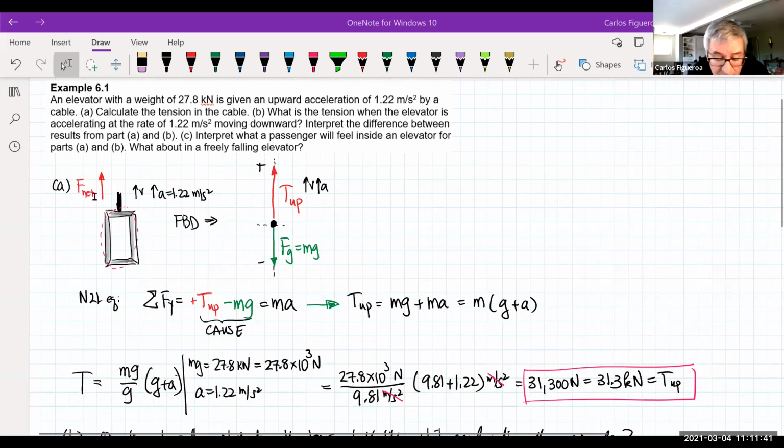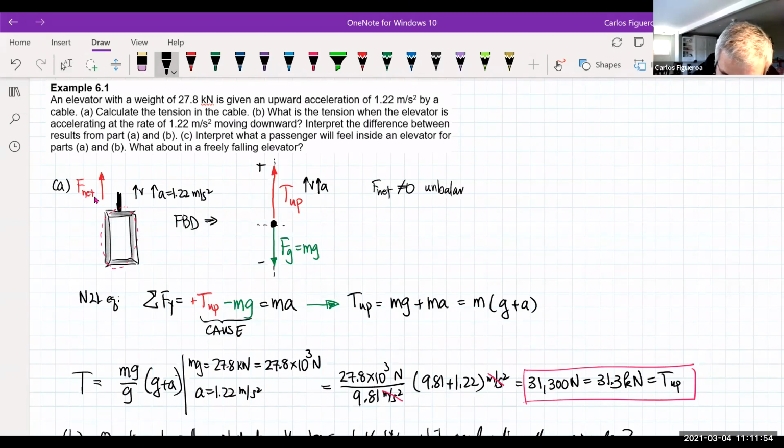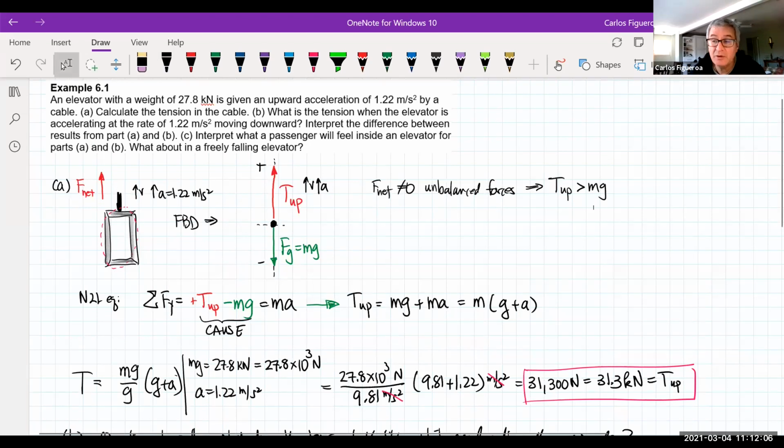That immediately told us that in order to be going up and accelerating, the net force is not zero, so I have unbalanced forces, which in our case tells us that the tension up must be greater than the weight of the elevator.